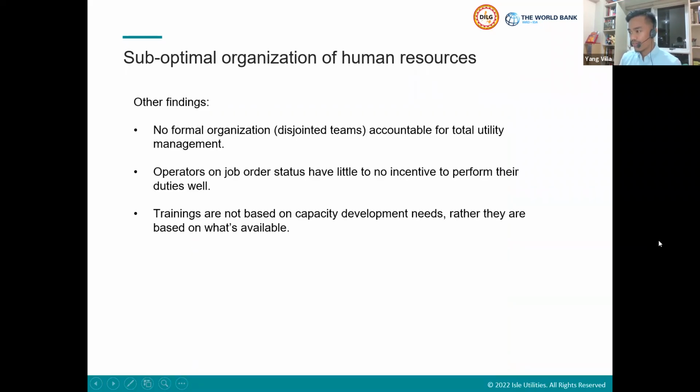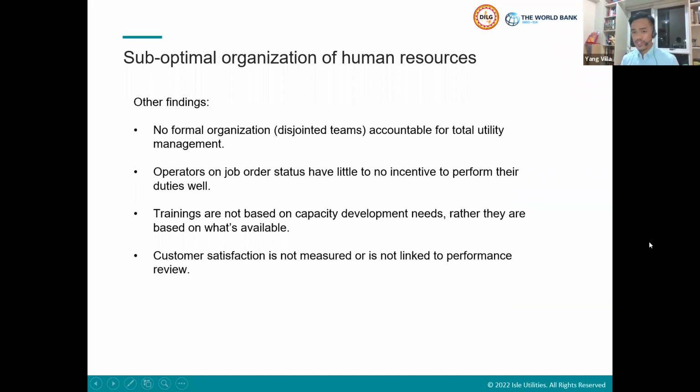We have several other findings for human resources. The first one is many local government units do not have a formally organized utility to speak of, meaning the teams involved in waterworks system operations are disjointed. One thing to know about local government units is they have a budget office, an engineering office, a treasury, an accounting office, and these are all separate departments within the municipality.